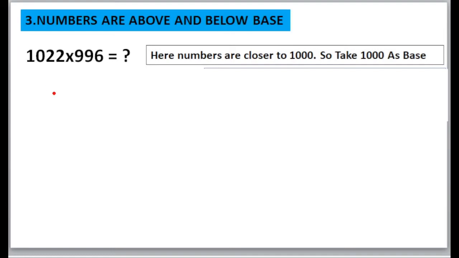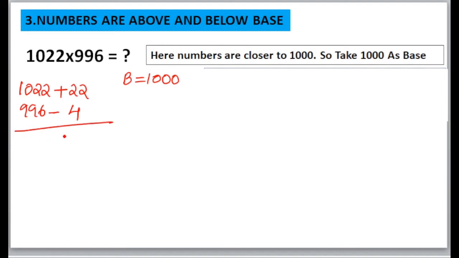1022 into 996. Your base is nearer to 1000. Base is 1000 because the numbers are nearer to 1000. So 1022 is 22 greater than 1000 and 996 is 4 less than 1000. So your RHS has negative 88 and your LHS is 1022 minus 4 is equal to 1018.